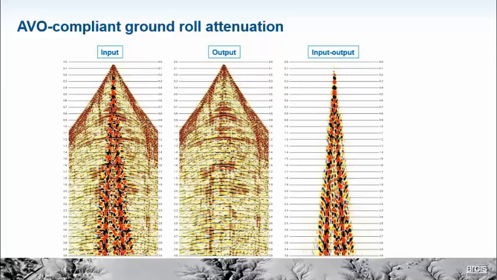So let's look at ground roll attenuation first. As promised, this is done in the shot domain, and this is just a representative example where you see an input noisy record, an output which somehow magically looks beautifully noise attenuated, and then the difference between input less the output. And it's important, as I'm sure you're all aware, to go plumbing through that difference and ensure that there is no residual signal present.